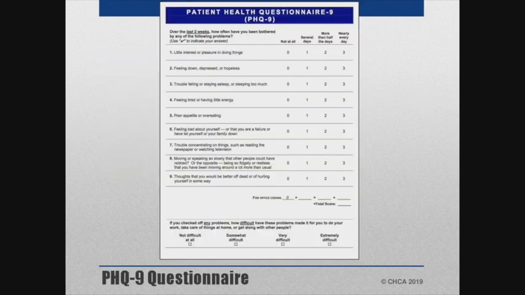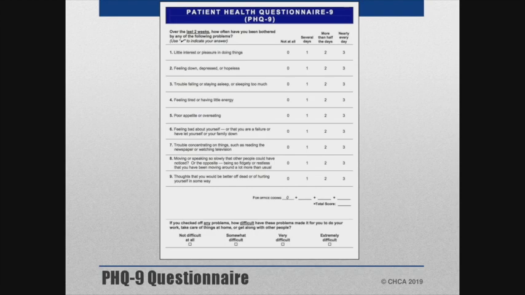So for depressive symptoms, the mental health blood pressure, as I call it, for this area would be the PHQ-9. Again, these documents are on the LMS and can be downloaded for your use in the north. Very similar to the GAD-7, it is a reflection over the last 2 weeks.